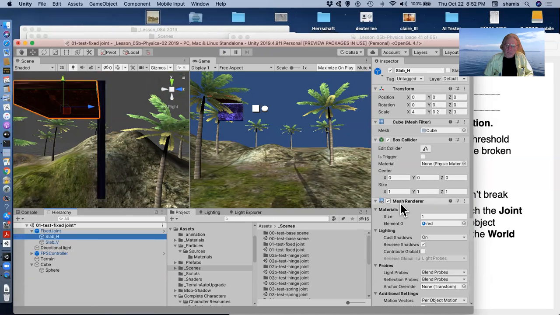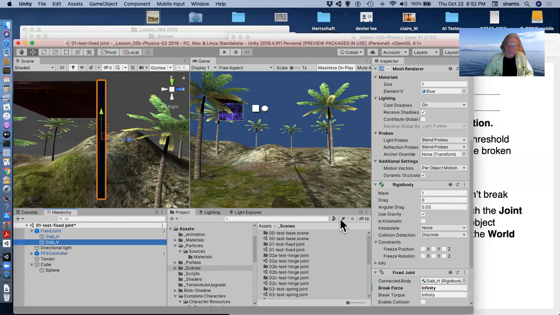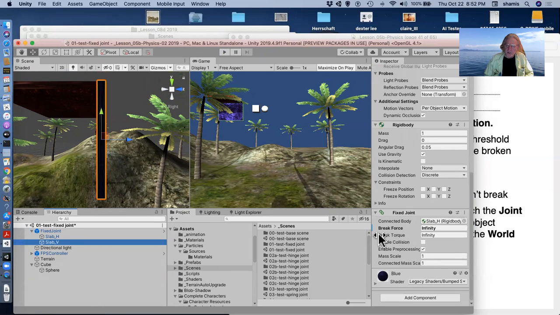The slab H is a rigid body. The slab vertical is also a rigid body, and it has a fixed joint component. And the joints have something called the connected body. This is what they're connected to. And so the vertical slab is connected to the horizontal slab.